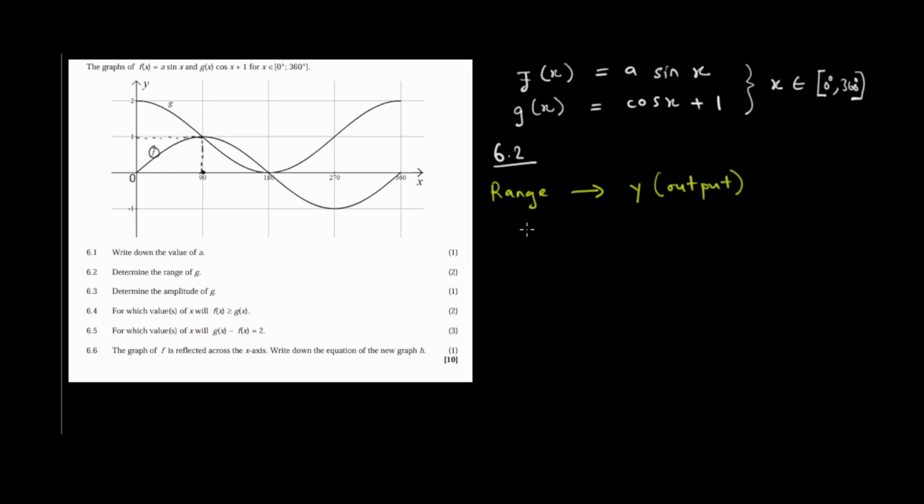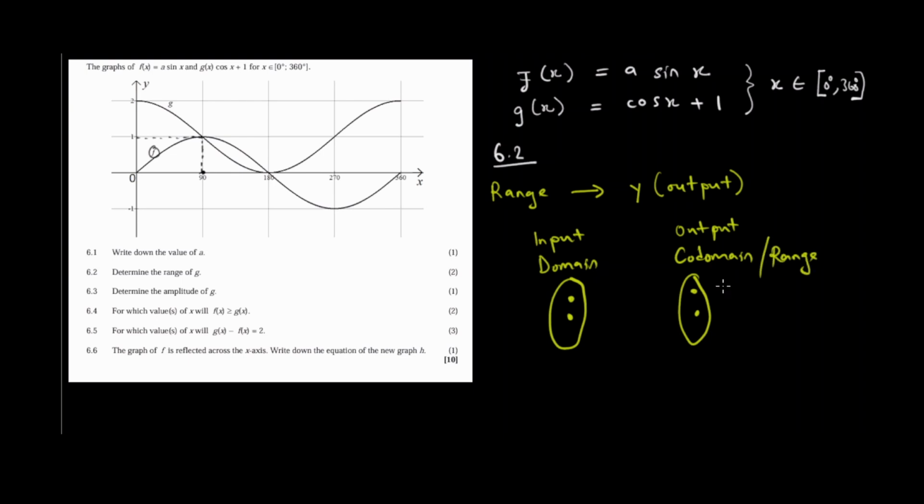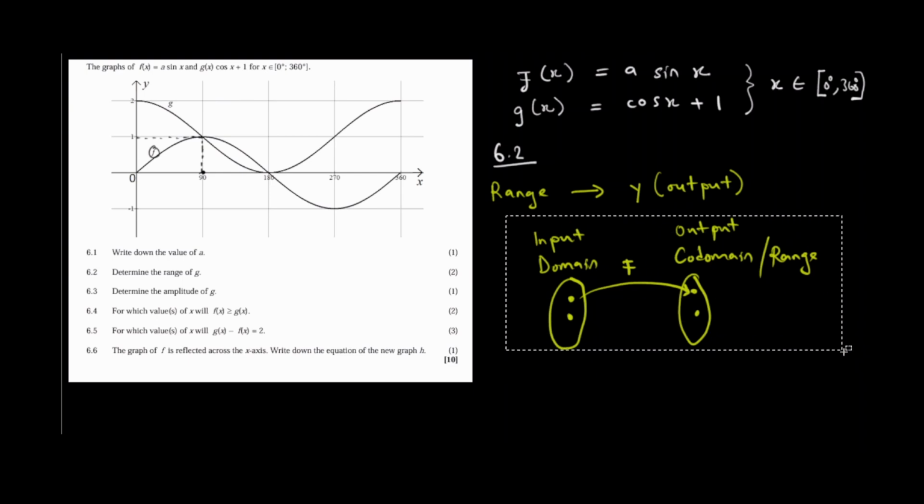If you remember when we learned about functions, we said we have the input, which we can call the domain, which contains elements which are mapped to the output, which can also be called the codomain or the range. So we have a mapping, and this mapping is the function. So that is what we learned, right? When it comes to understanding the range and the input.